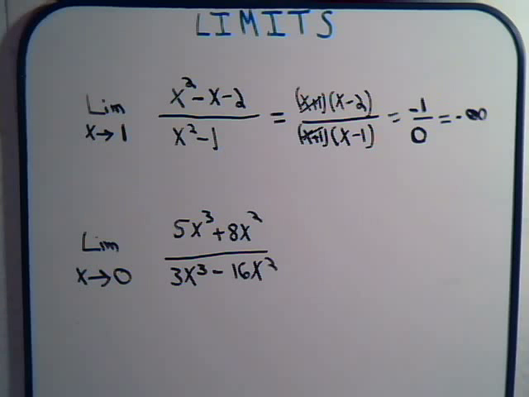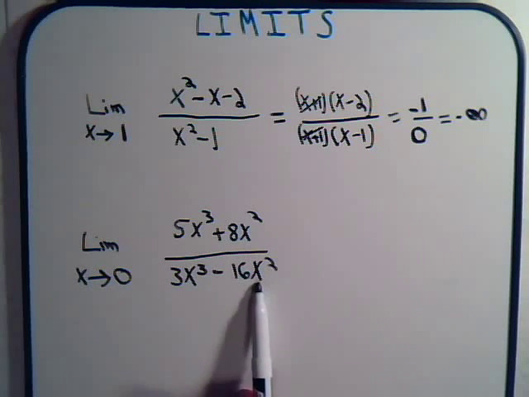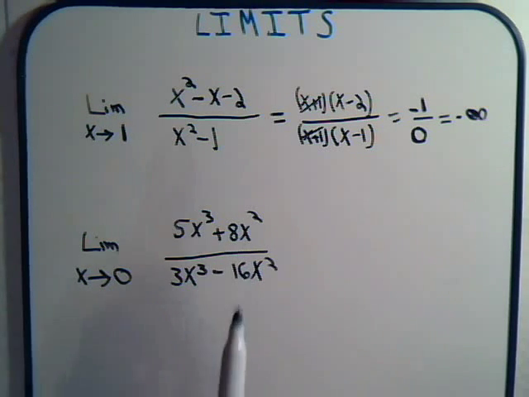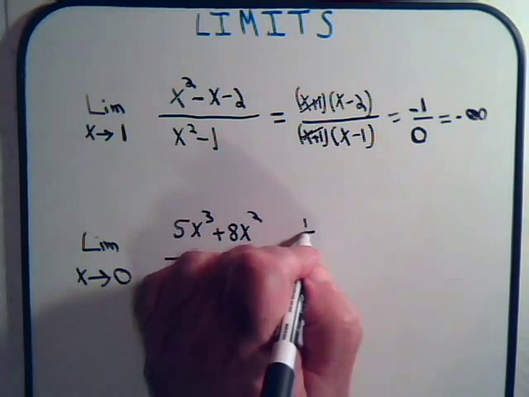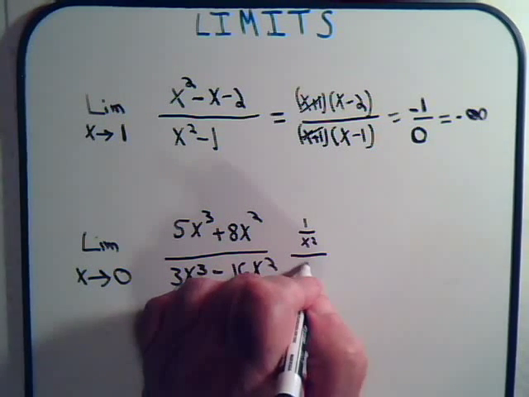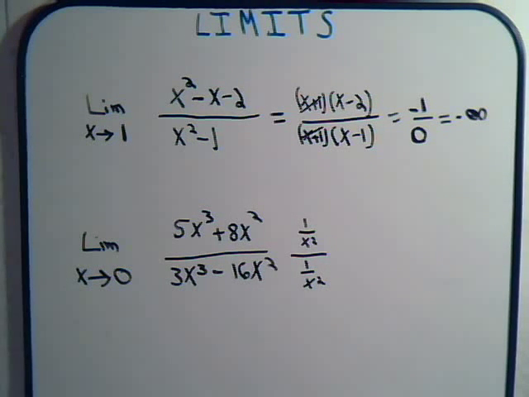It doesn't look like there's any factoring that would do us much good. But notice that in the numerator we have x squared, down here we have x squared, and here we have x cubed as the highest power. So for the numerator and the denominator, the lowest power of x that occurs is x squared. So what if we multiply the numerator by 1 over x squared? And of course we have to do the same thing for the denominator. Multiply by 1 over x squared.